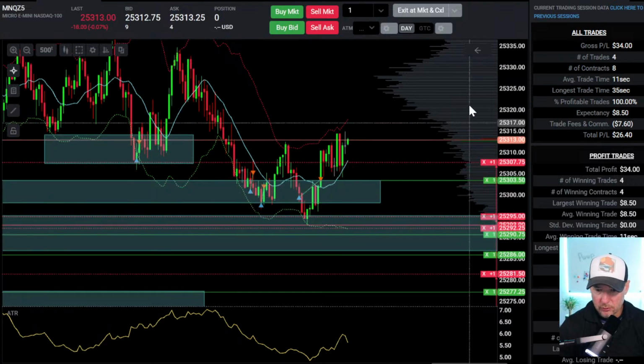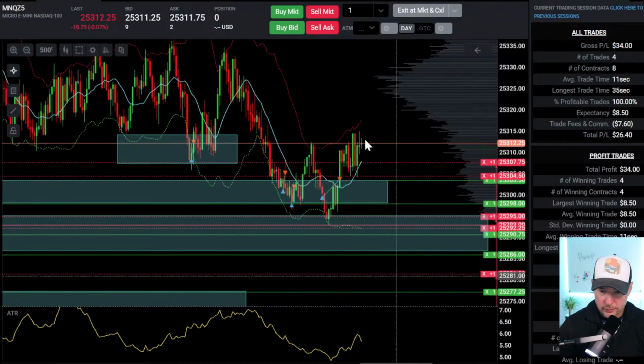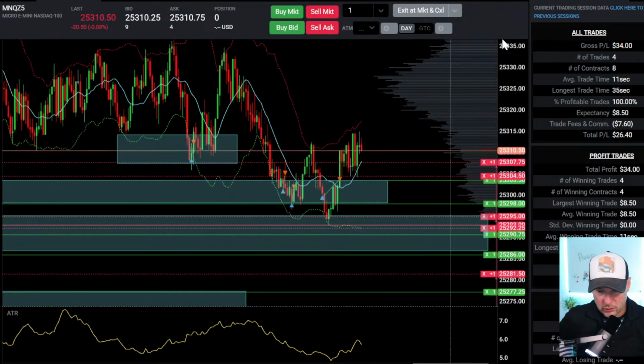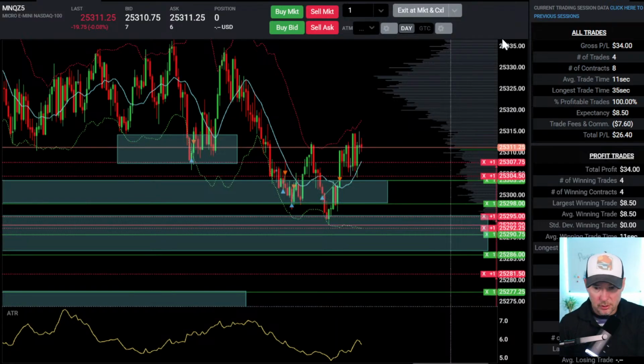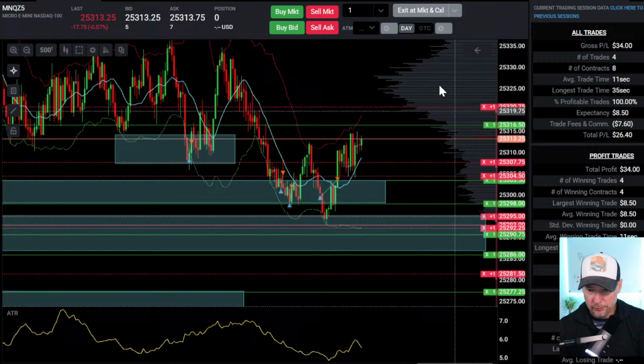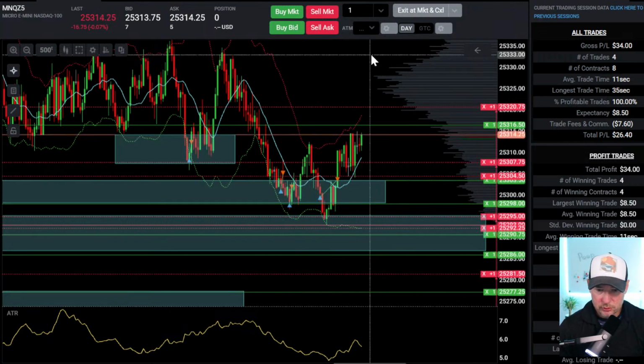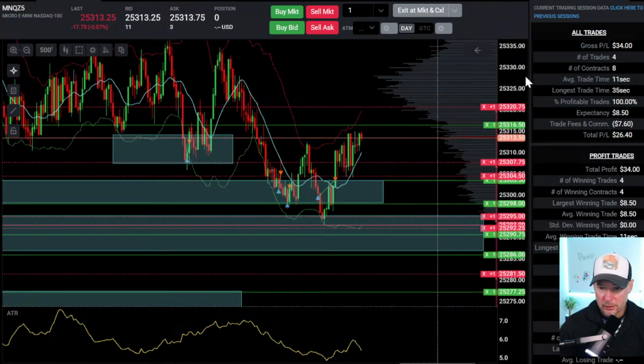I'll try to go long like this, if you dip, because I can still kind of chop around here. Could break out here. We might trap some shorts. We might go up. All right, let's play that. See how that works.